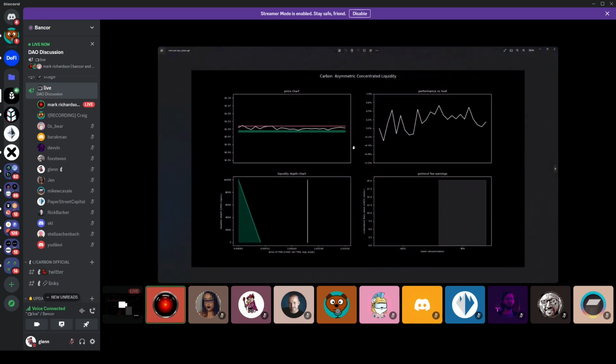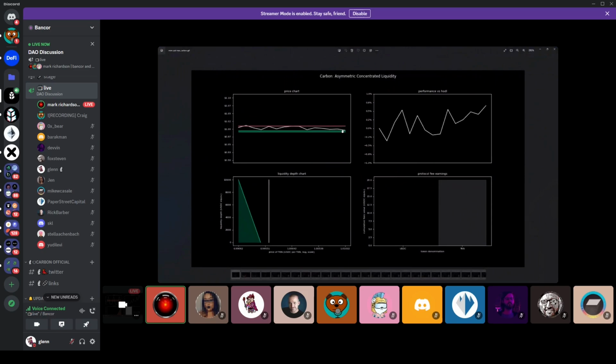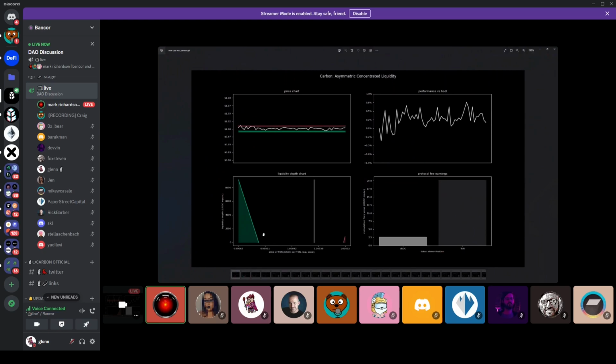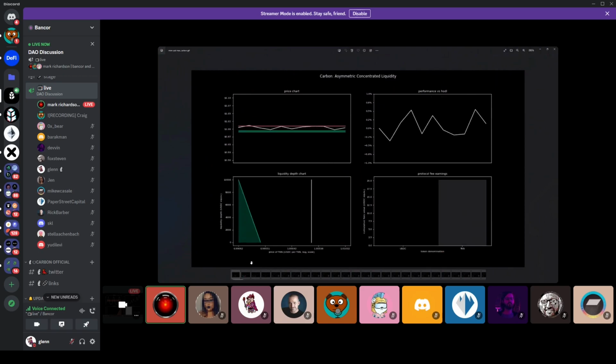Okay, so Carbon, you'll notice that there are some very distinct differences here. One is that we can keep the liquidity out of range for a very long period of time. And so as the market price is kind of dancing around in this region before reaching our targets, nothing's actually happening.